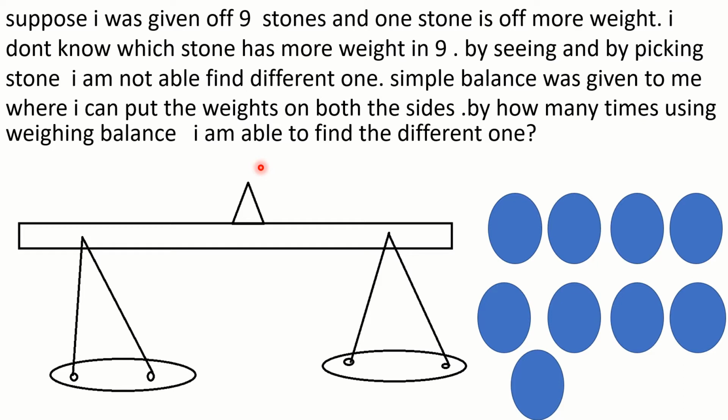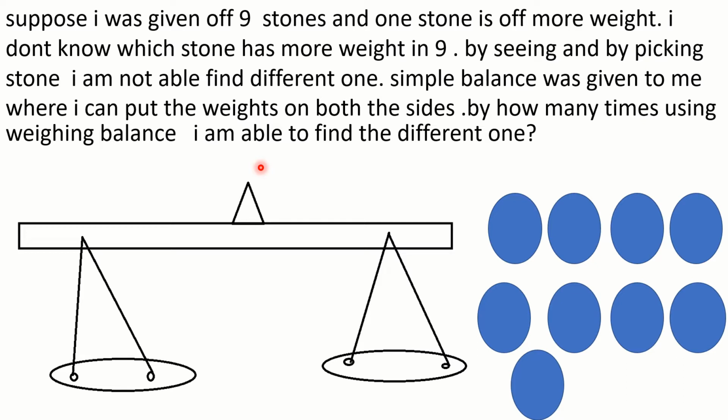So I am given a simple balance where I can weigh the stones and find the odd one out. How many weighings will it take to find the odd one out of 9?